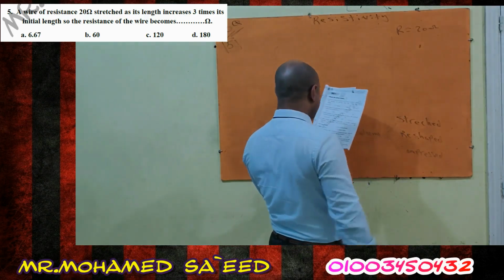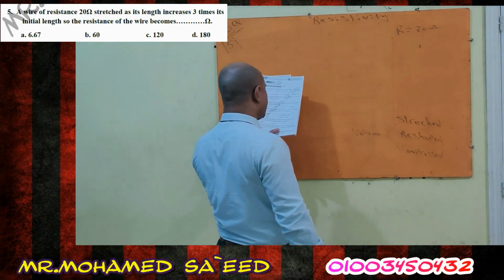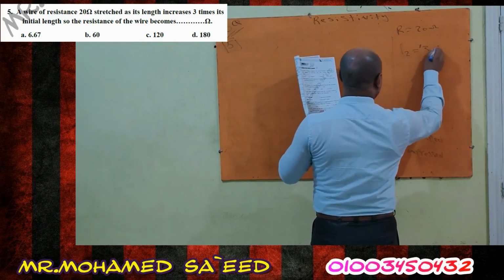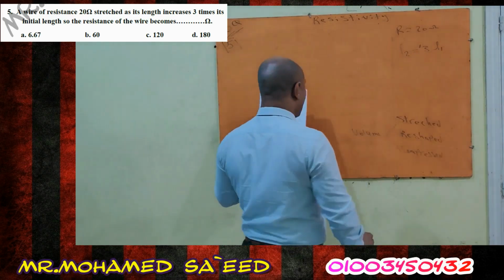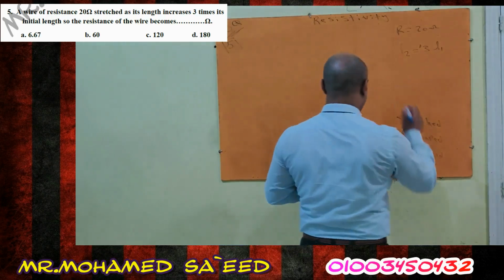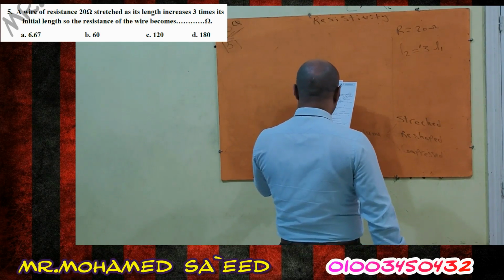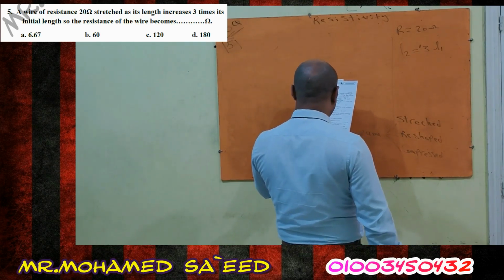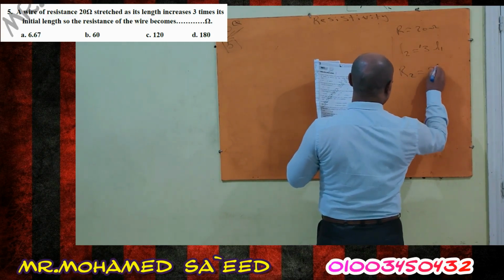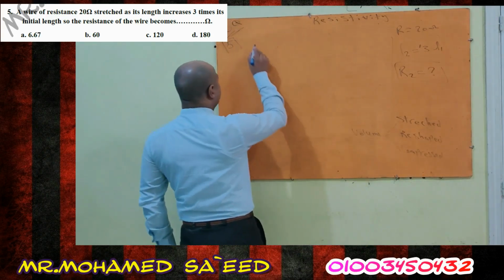A wire of resistance 20 ohms is stretched so its length increases 3 times. So L2 equals 3 times L1. Now we want to get A, the area of this wire after stretching it, and the resistance of the wire R2.